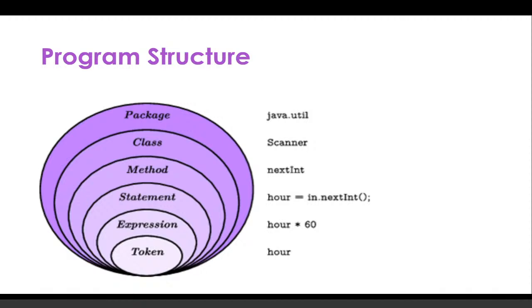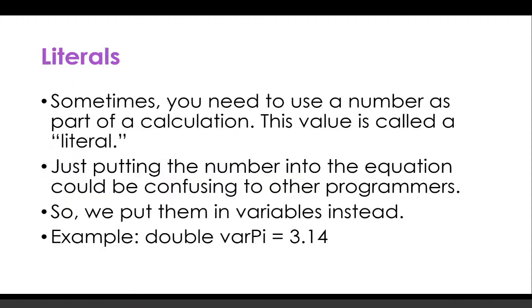We've got some other stuff that we can talk about in terms of literals and variables. We can run through some of that really quickly. Sometimes when you're doing math, you need a value that's just a static part of a calculation, and so these are a special type of variables that we call literals. Pi is a good example here.